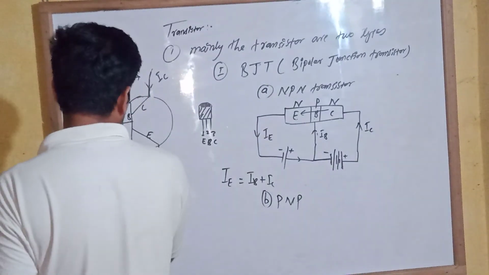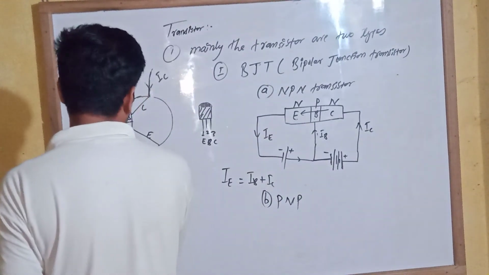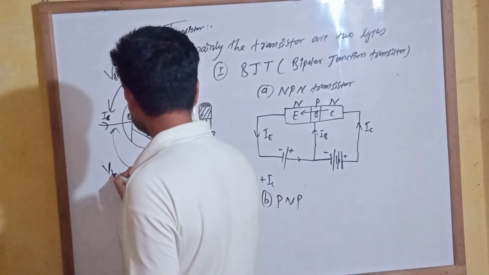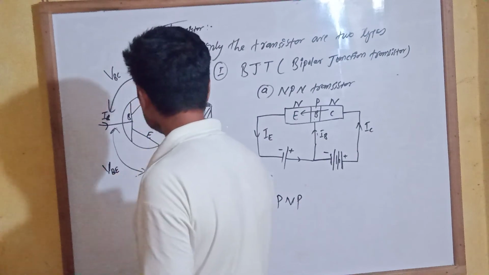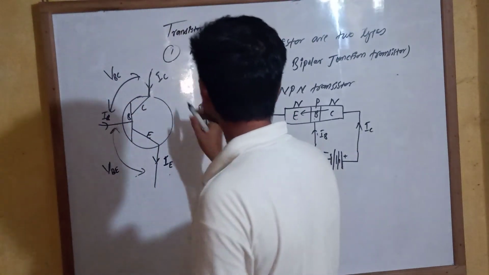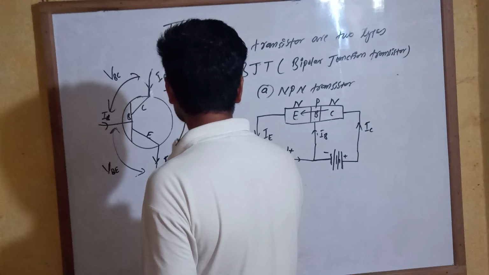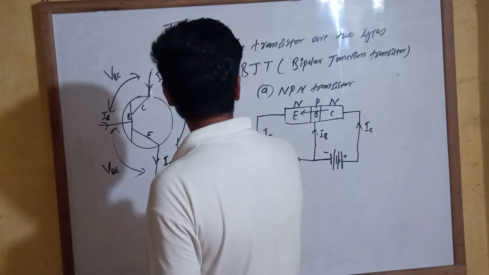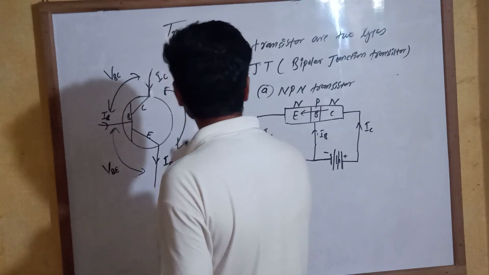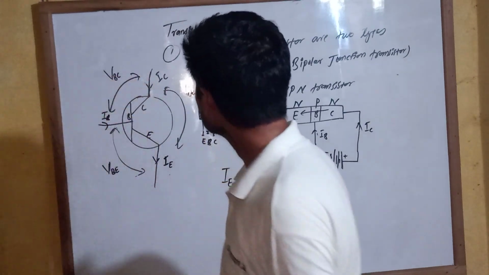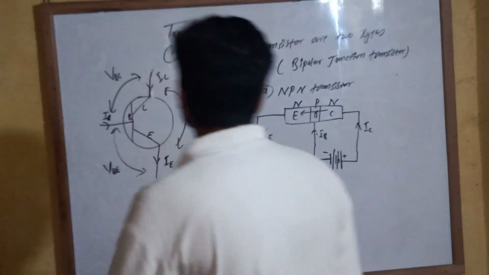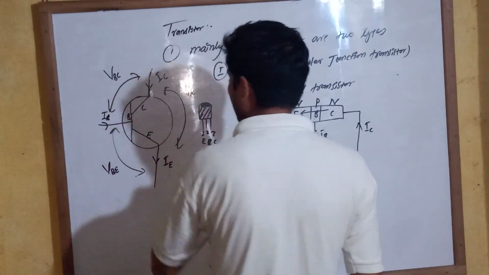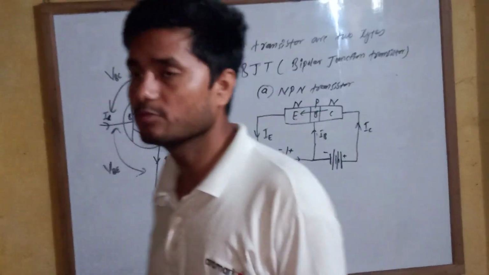Similarly, the voltage between these two regions is denoted by VBE, and the voltage between these two is denoted by VCE. This is the voltage from this circuit to this circuit.